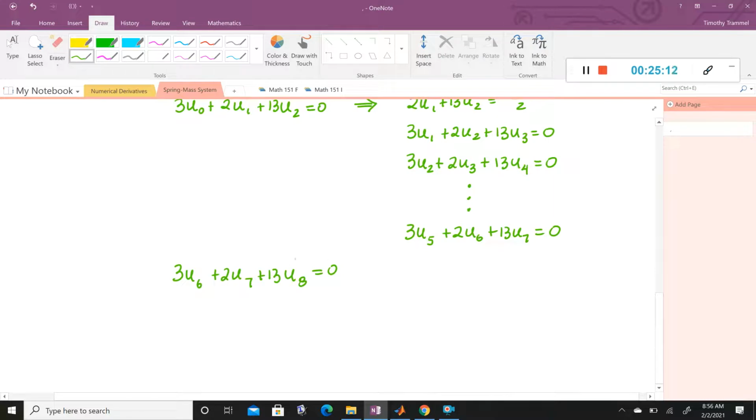So that's 13 times 0.0006. If we subtract this over, this is going to look like 3 u sub 6 plus 2 u sub 7 is equal to minus 0.0078.